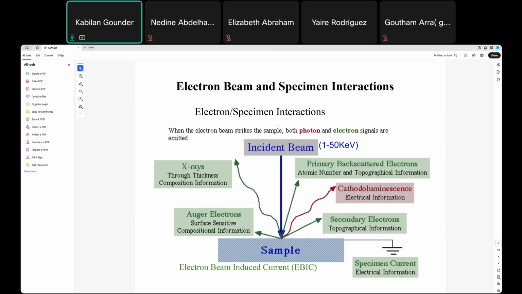If you detect the primary backscattered electrons, you can get atomic number as well as topographic information.